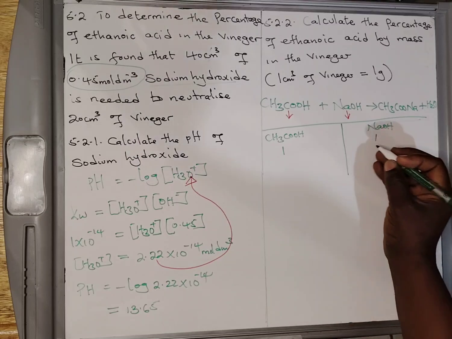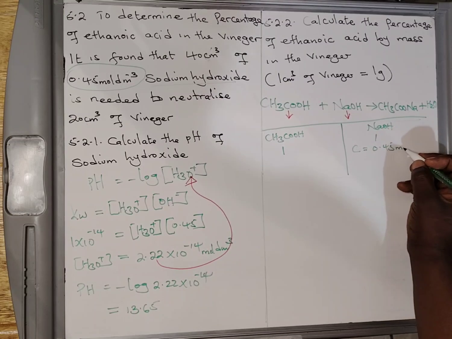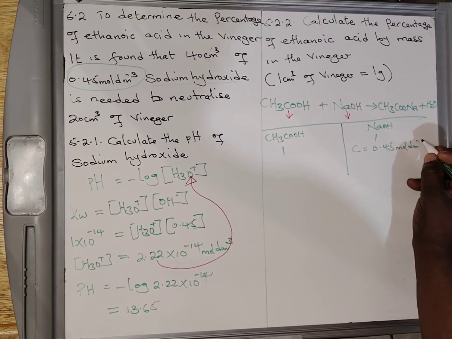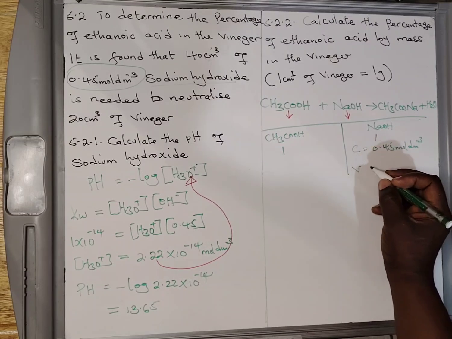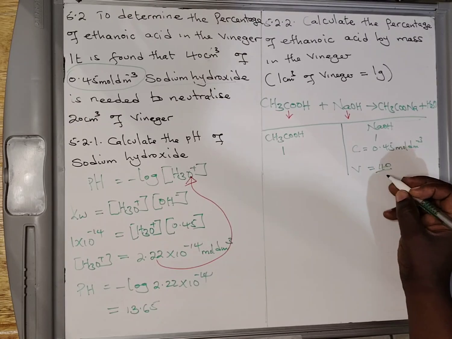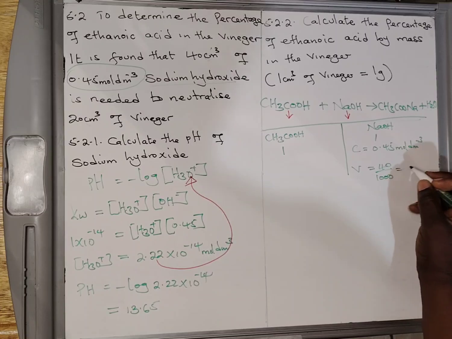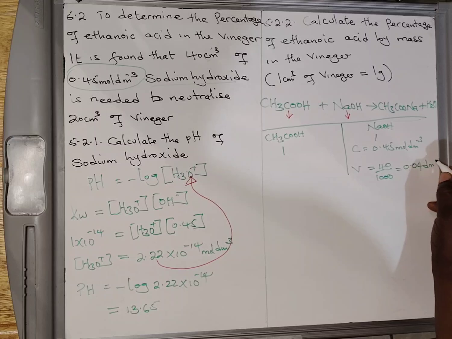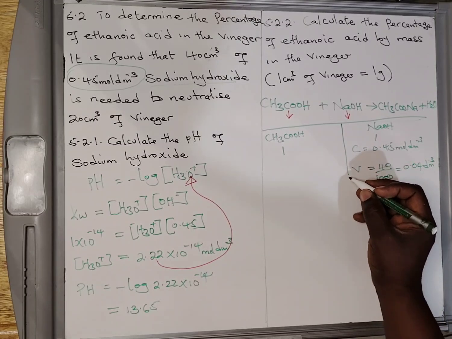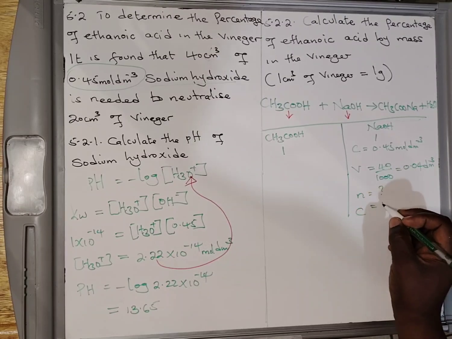You have the concentration, which is 0.45 moles per cubic decimeter, and the volume, which is 40 divided by 1000 to change it to cubic decimeter, so you get 0.04 cubic decimeter. When you get those two, it gives you the number of moles from this formula.